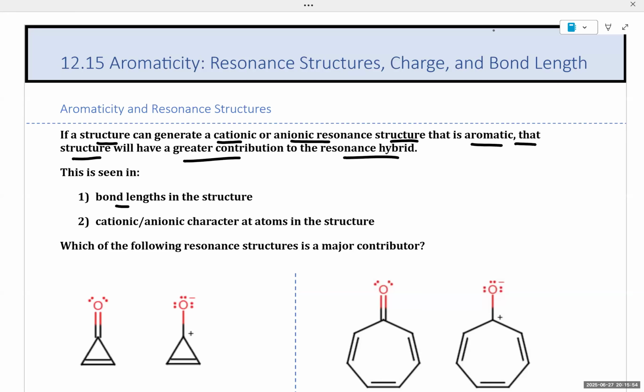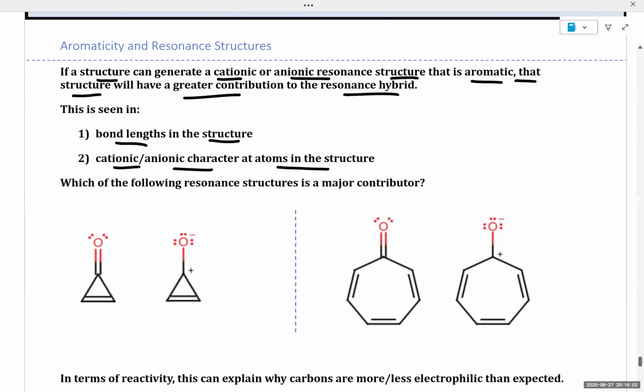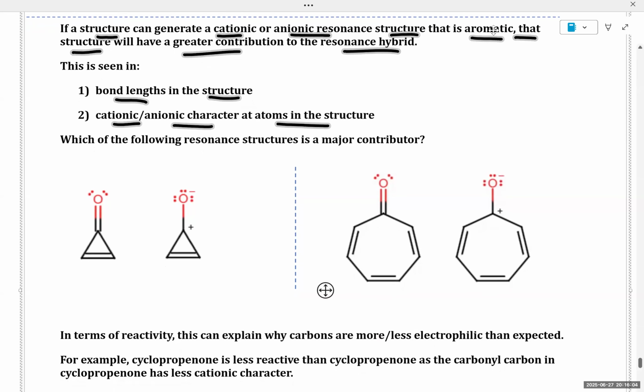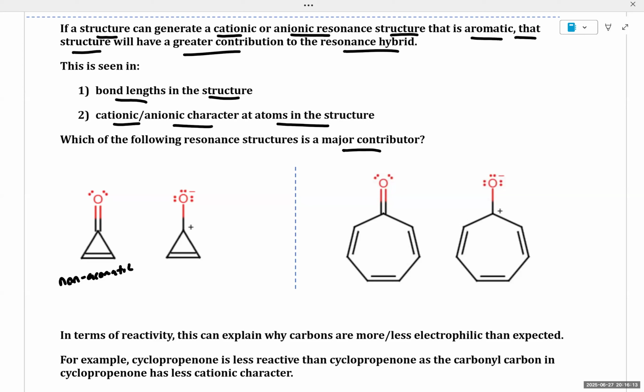This can be seen in the bond lengths in the structure and the cationic or anionic character at atoms in the structure. So for example, if we're asked which of the following resonance structures is a major contributor, and we see in this case, this is a non-aromatic compound. And in this case, we have a 2-pi electron system, an aromatic system.